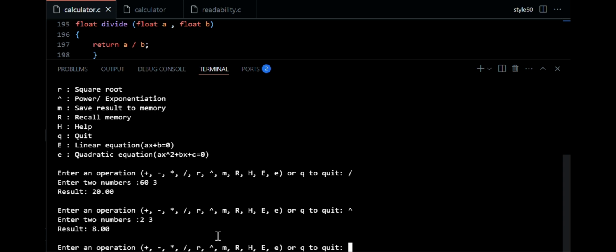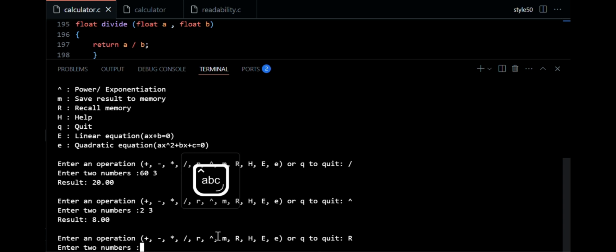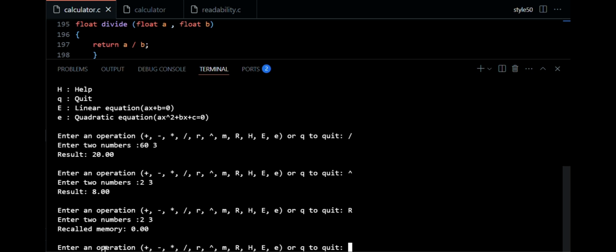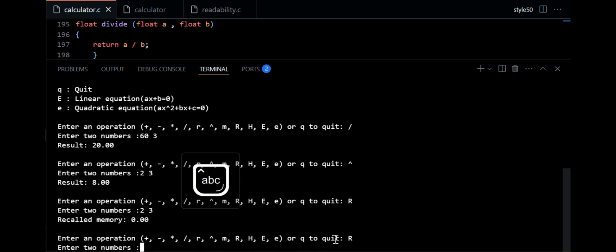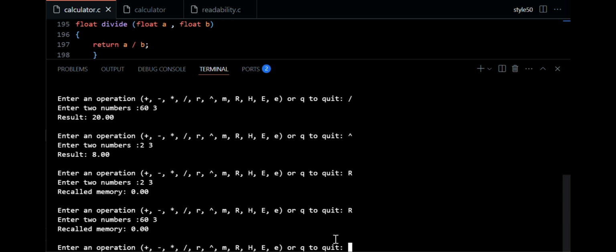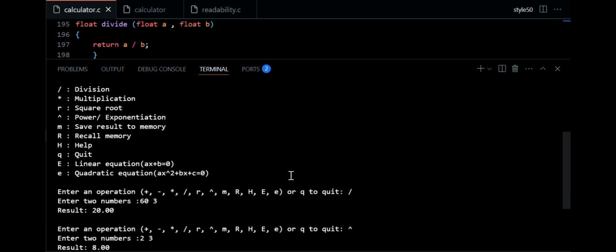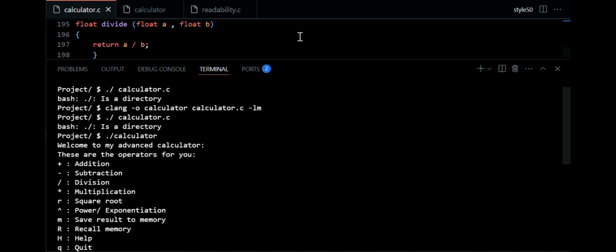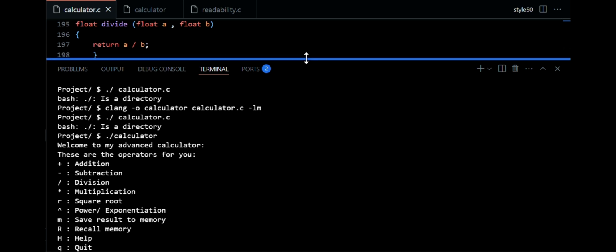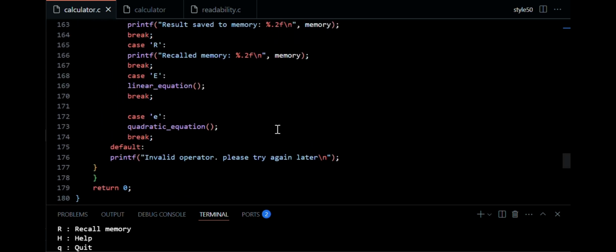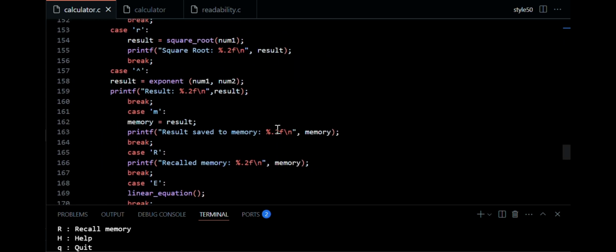Now I'm going to use R. As I already told you, R is memory recall. So let's type R. It's still asking for two numbers, I don't know. It recalled memory 0, so we have not used 2, 3. Let me type R again and let's see. Let's see how that recall memory works.